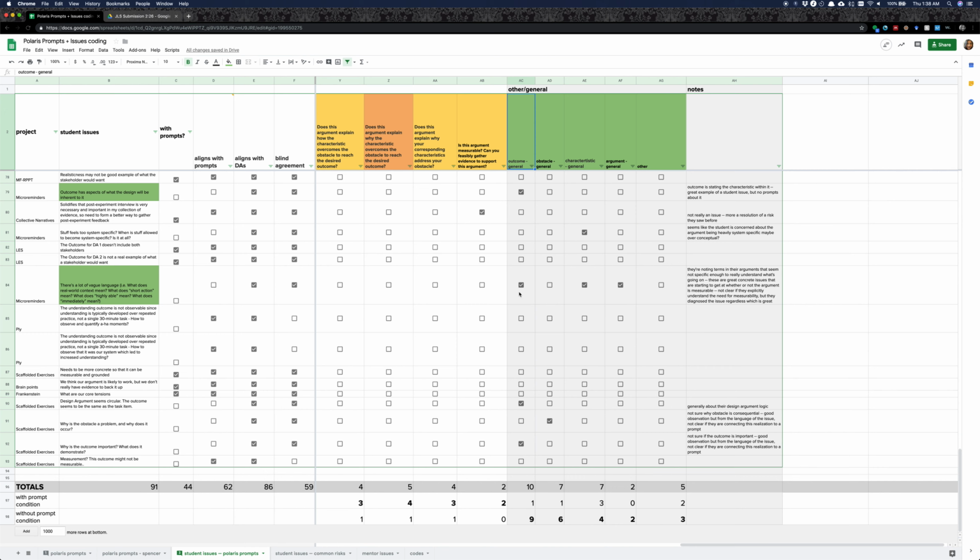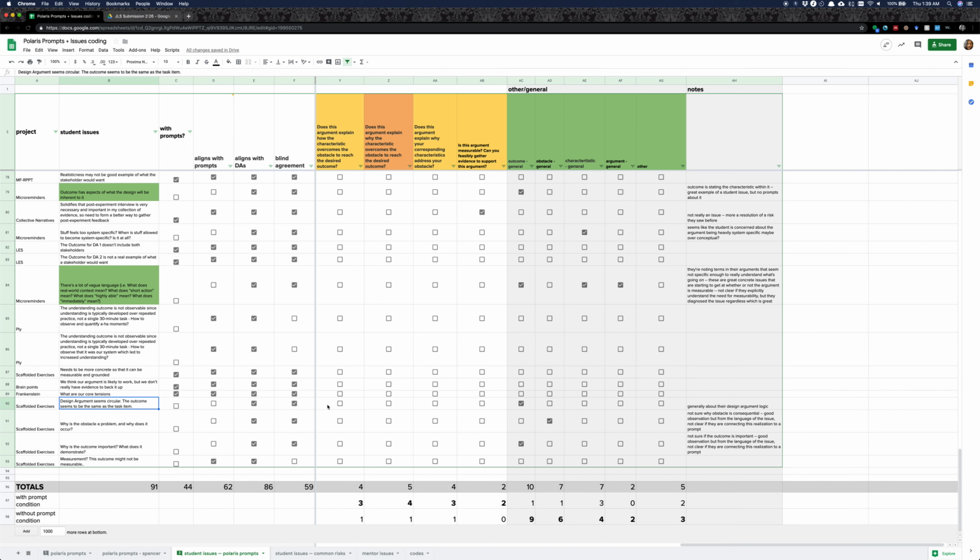For example, this one, where the student is commenting that the design argument seems circular and that the outcome seems to be the same as the task item. They're commenting and critiquing the outcome generally, but it wasn't clear what their specific critique was, and it wasn't clear that it mapped to a specific prompt given in Polaris. Which makes sense.